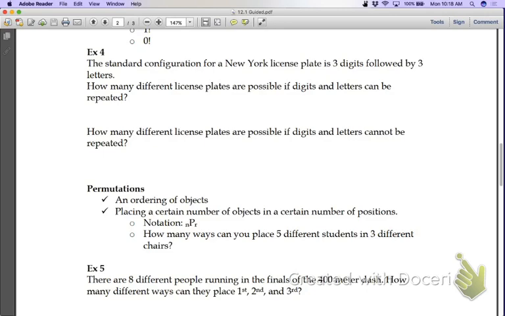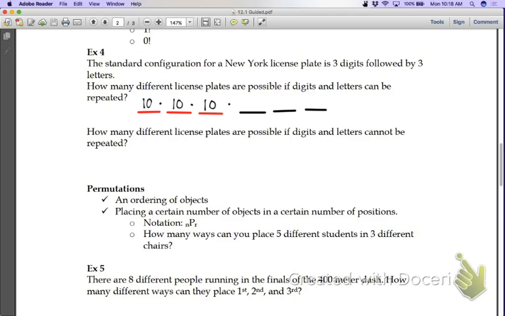How many digits can I have for the first 3 spots? Everything there has to be a number, whereas on the back end, everything has to be a letter. So what are my options for the first 3 blanks? 10 every time, right? So 10 times 10 times 10.